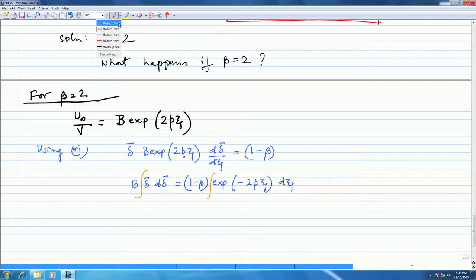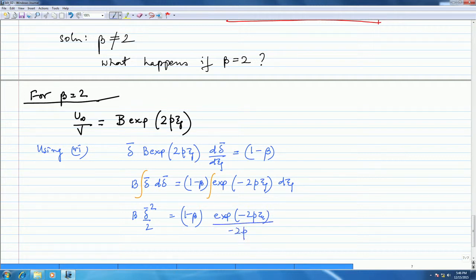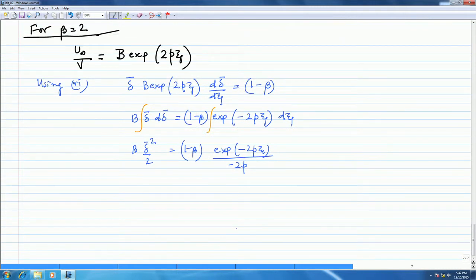If I take the integral, what I get is b delta bar square by 2 is equal to 1 minus beta, exponential minus 2p zeta by minus 2p. Skipping just a step, delta bar is equal to beta minus 1 by b into p, exponential minus p zeta.